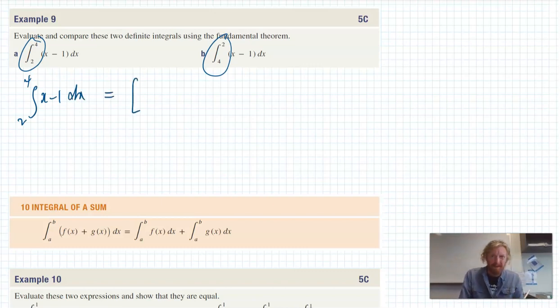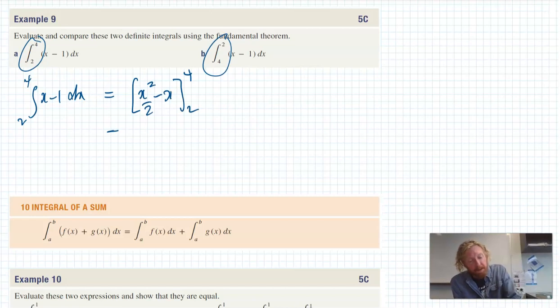Could just draw a triangle or trapezium. Let's just integrate it. It's fun. Super fun. x squared minus x. Sub the 4 in, and I'm going to get 16 on 2 minus 4.